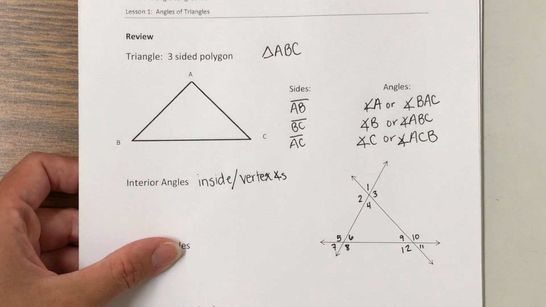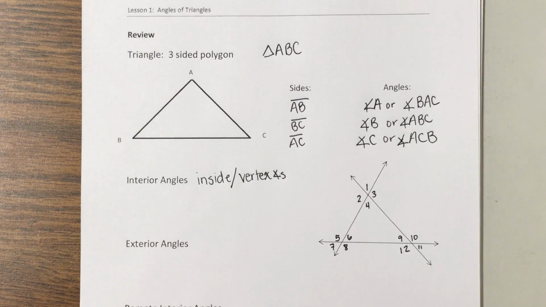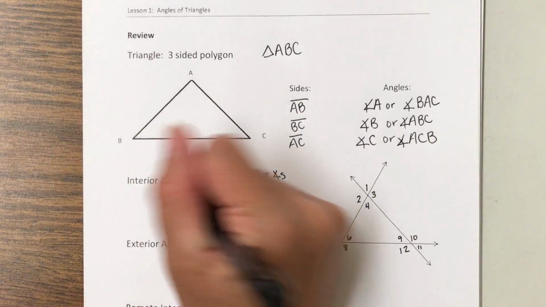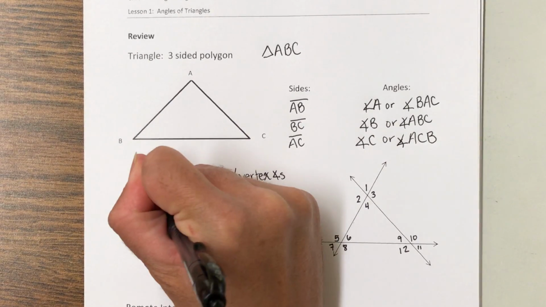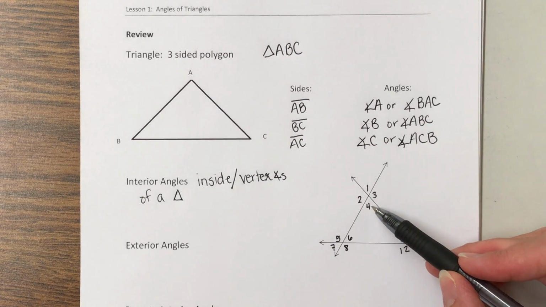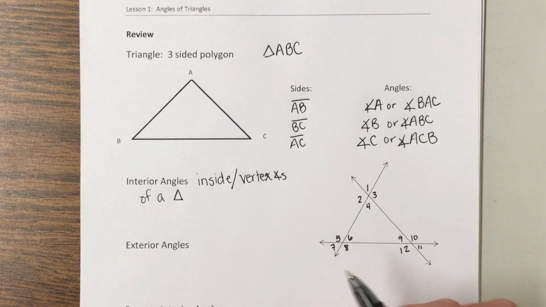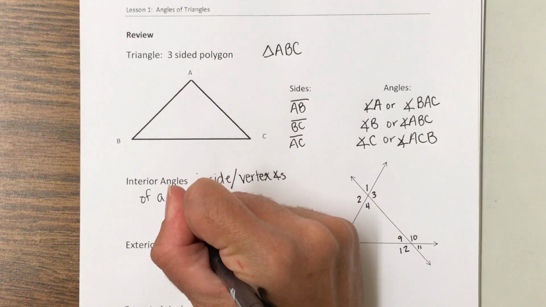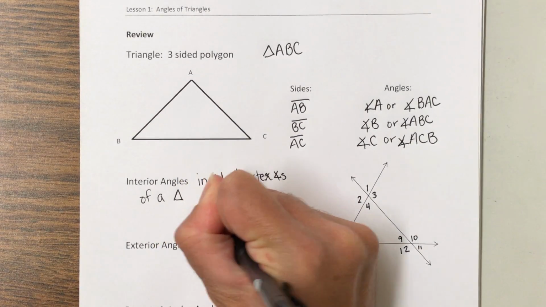So in this picture, my inside angles are angles 4, 6, and 9. So angles 4, 6, and 9 are my interior angles.